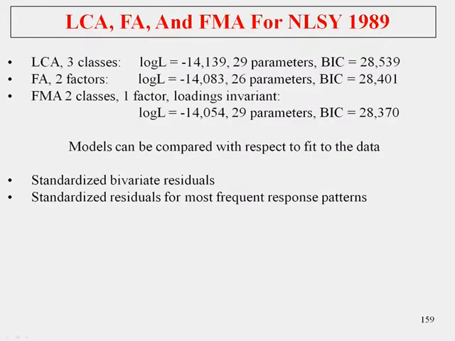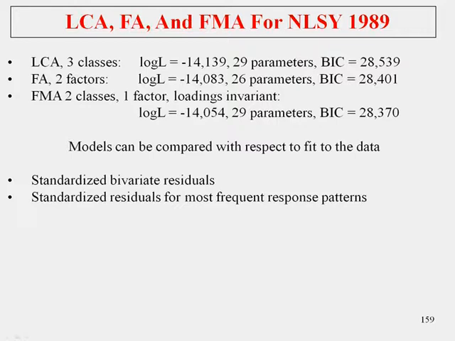So if you remember, we use BIC for relative model fit. With our LCA 3-class model, we have a BIC of 28,539 with 29 parameters. And we improved the BIC with the factor analysis model with 2 factors.